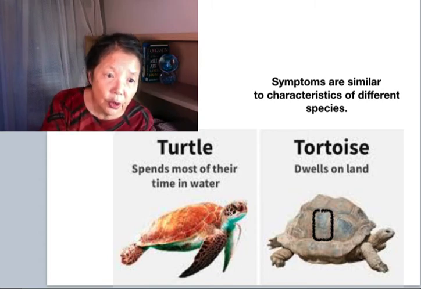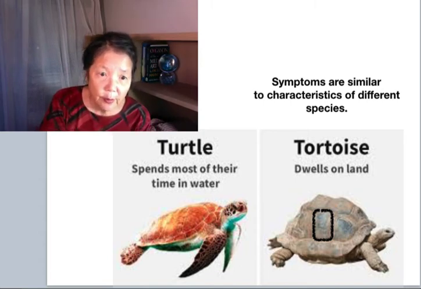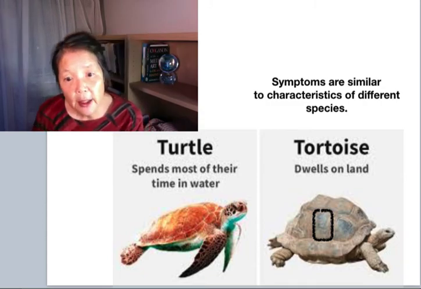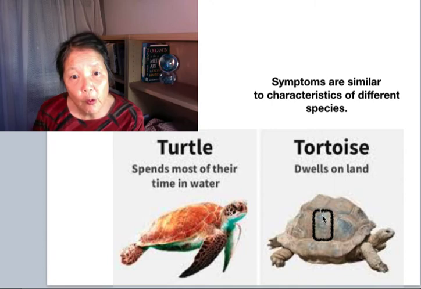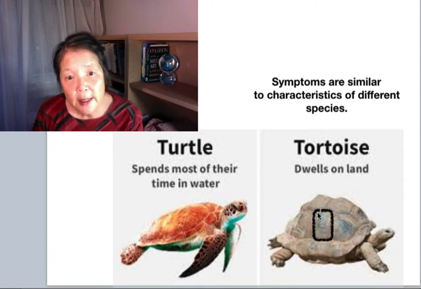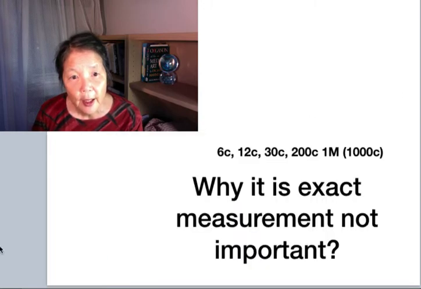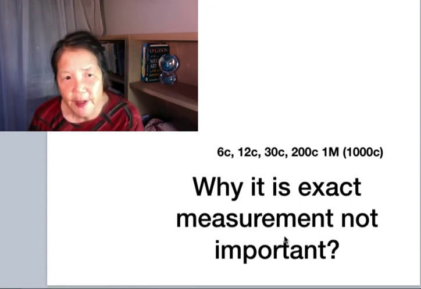What is important to know is what are the symptoms since the person became sick. Basically, you're going to look for what is similar between, not two animals, this is different, between a remedy and the sick person. Okay, so this is not the right image for what you're going to do in homeopathy. Now, why is all this talk not very exact?